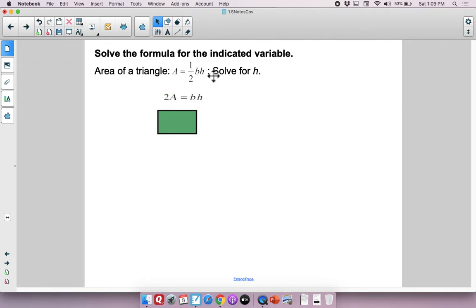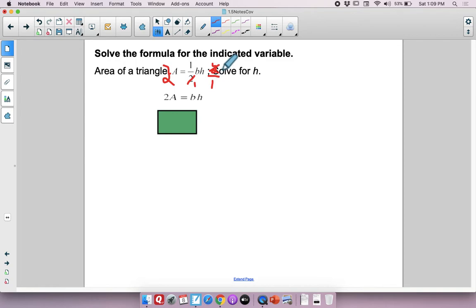So notice, it looks like I took care of the 1/2 first here. If I multiplied this side by 2, and I multiplied this side by 2, oops, that's an ugly 2, isn't it? Yeah, it is, but it's hard to write with this. Notice what happens here. These cancel, right?